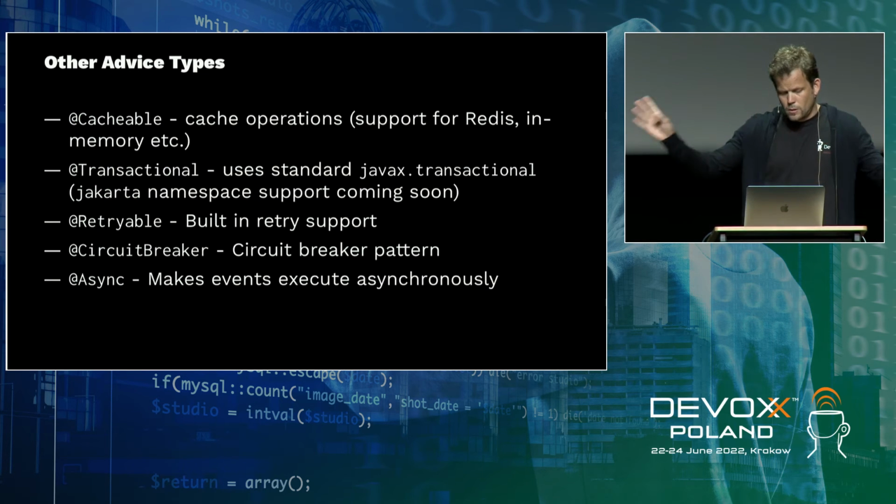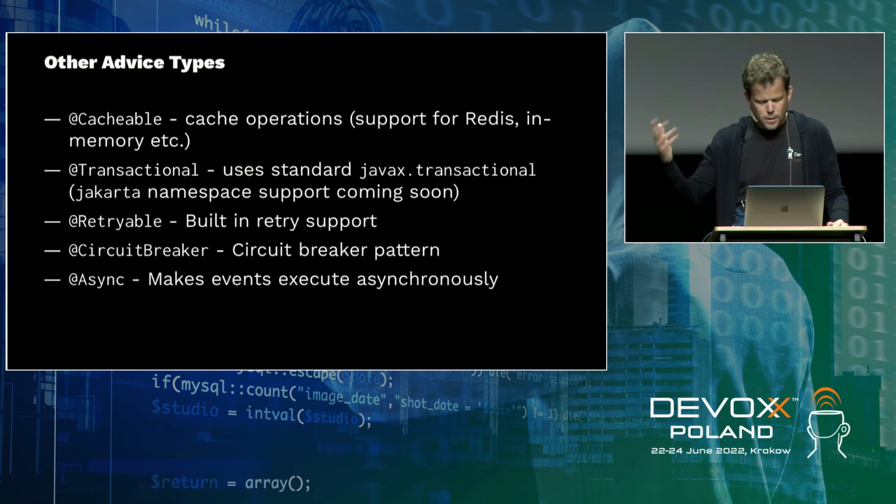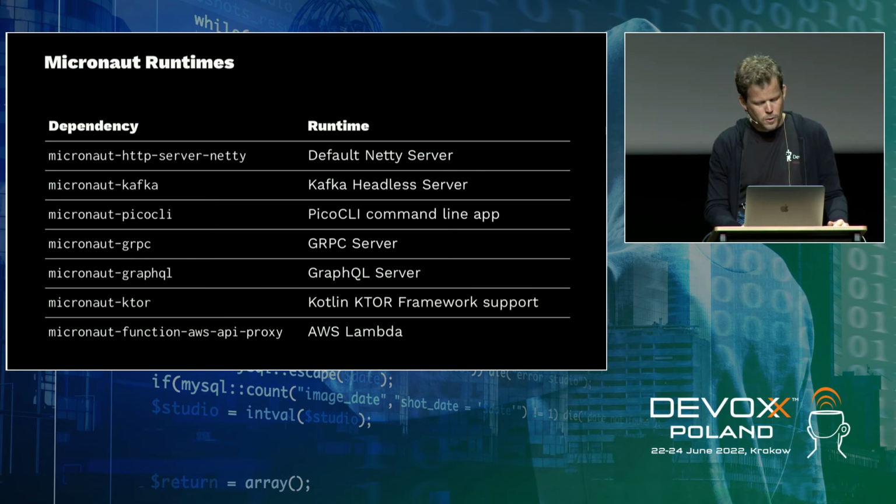The whole framework ecosystem is implemented in this way: cacheable, transactional, retryable, circuit breaker. Micronaut Data itself is implemented as introduction advice, and so on and so forth.